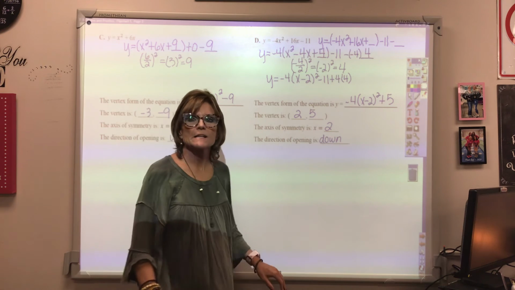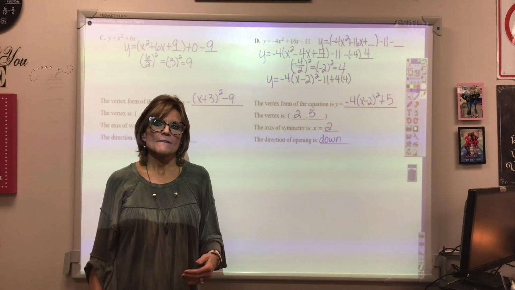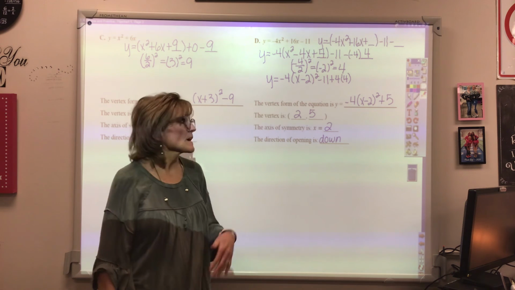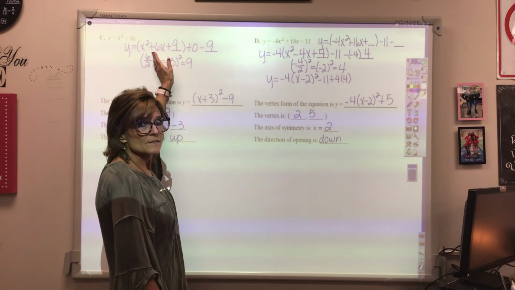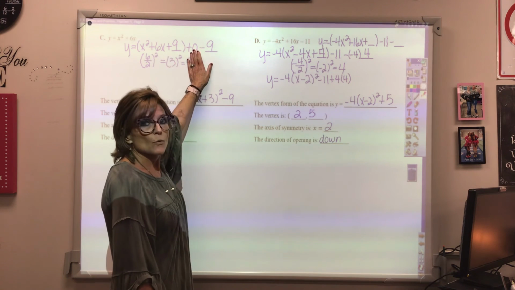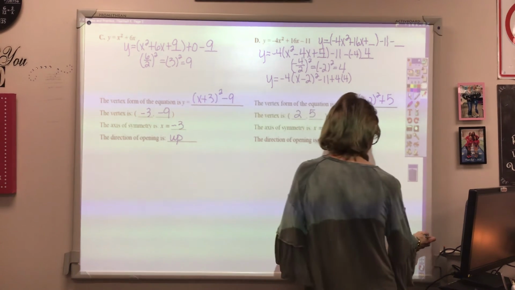So I'm hoping that you can see, if you're getting comfortable with completing the square, that these aren't too hard. You just have to remember that you do the opposite. Whatever you add on the inside of the parentheses, you take away on the outside. So let's try one more example.